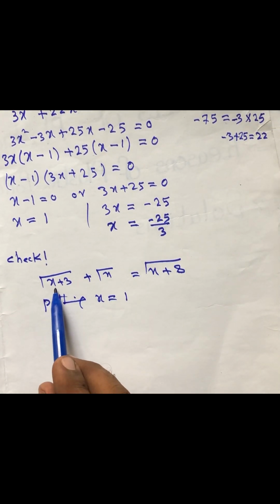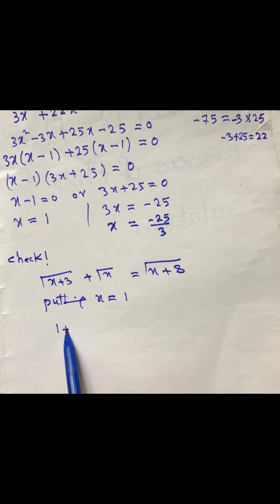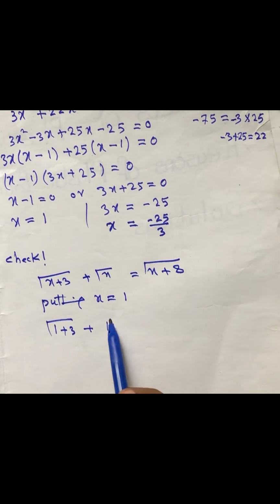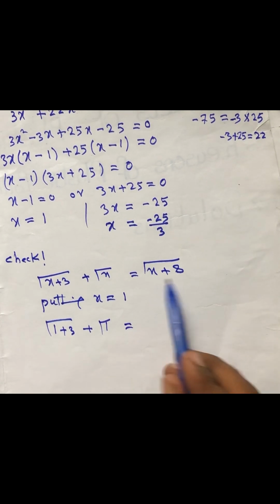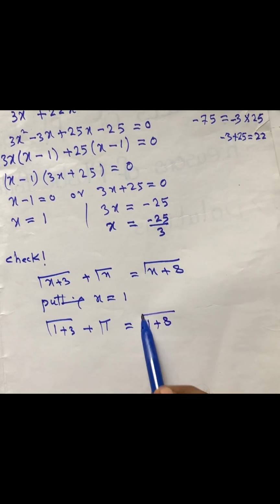Here we see x plus 3, in place of x we are writing 1 plus 3, plus this is only one x, so in place of x we put 1. This is x plus 8, so in place of x we write 1 plus 8.